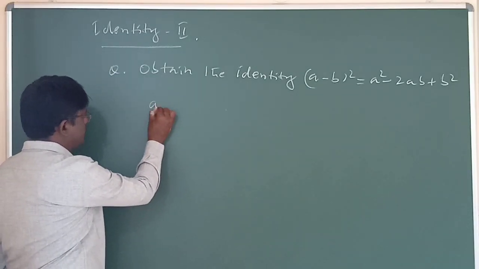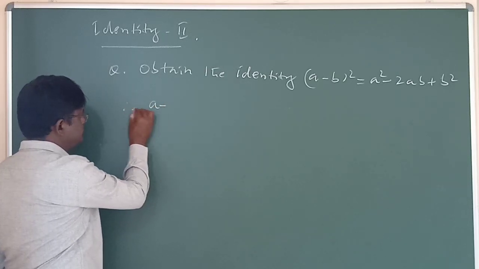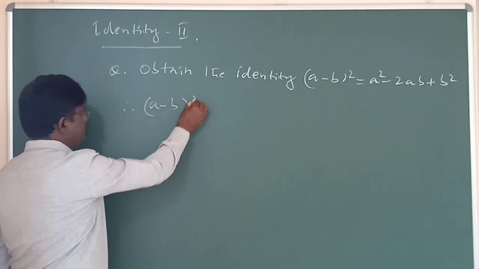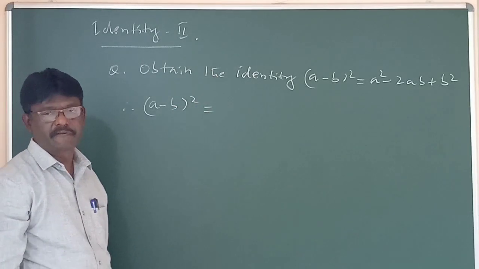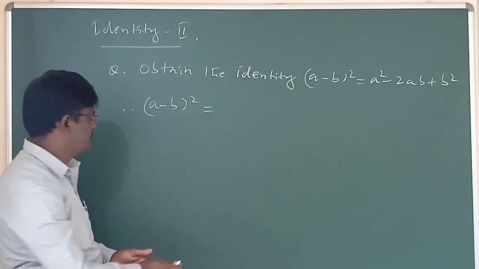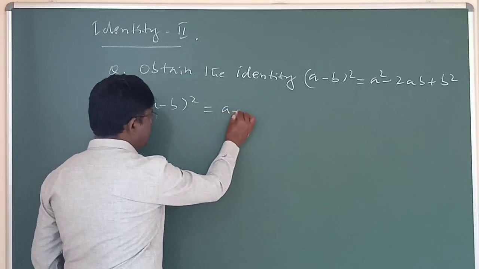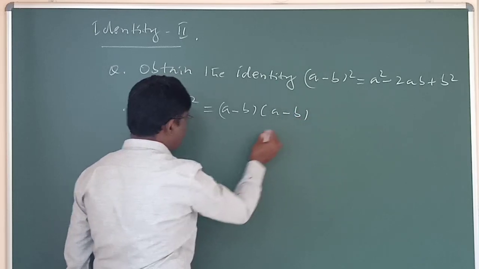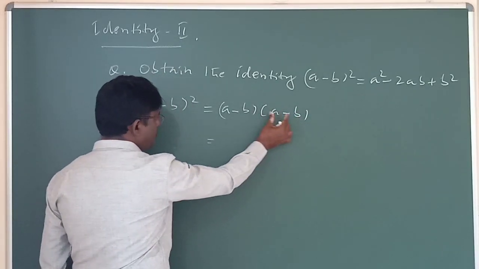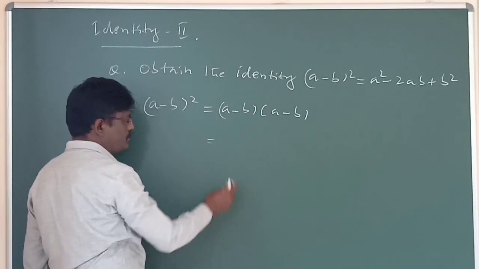Therefore, we shall take it like this: a minus b whole square can be treated as what? x square equal to x into x, just like the previous. a minus b into a minus b. So we have to multiply a binomial with another binomial.